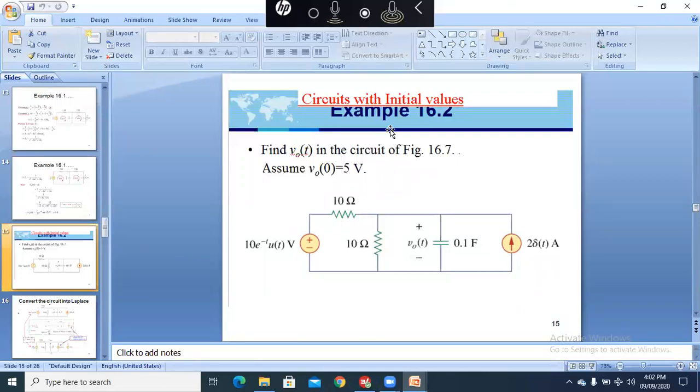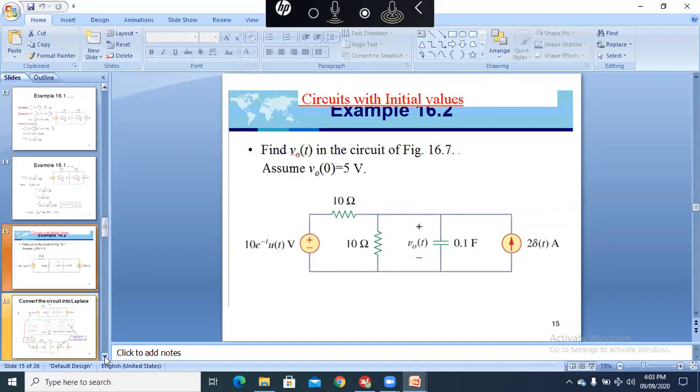What I can do is have a voltage source in series with the capacitor, or a current source in parallel with the capacitor to represent this initial condition. Rest of the process remains the same.